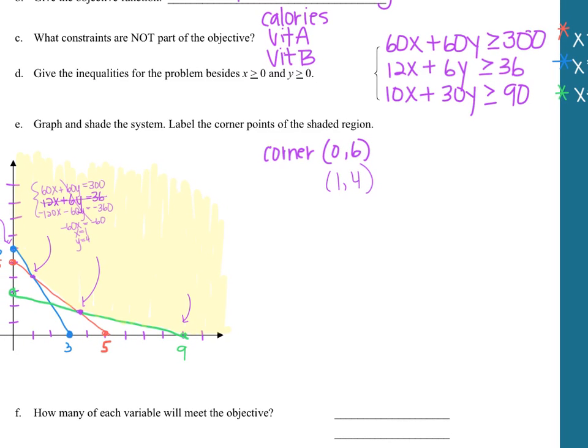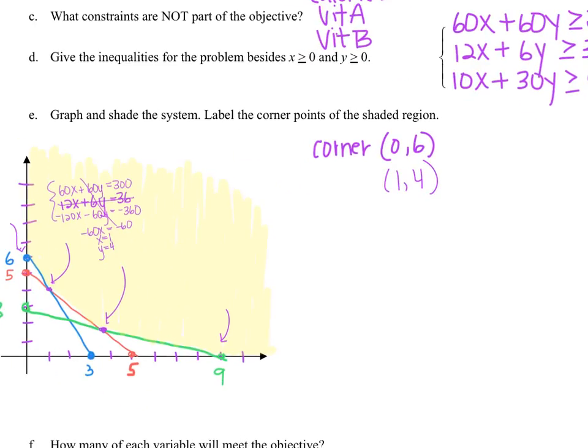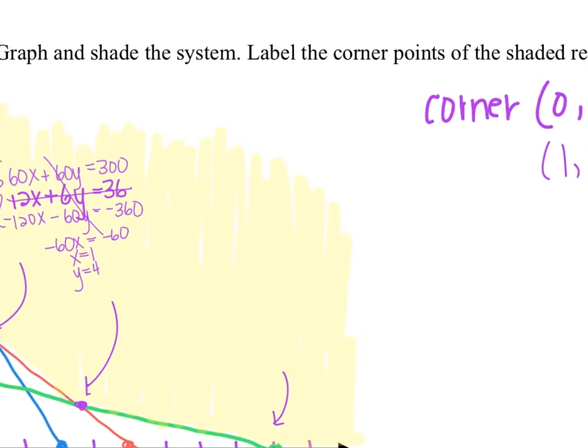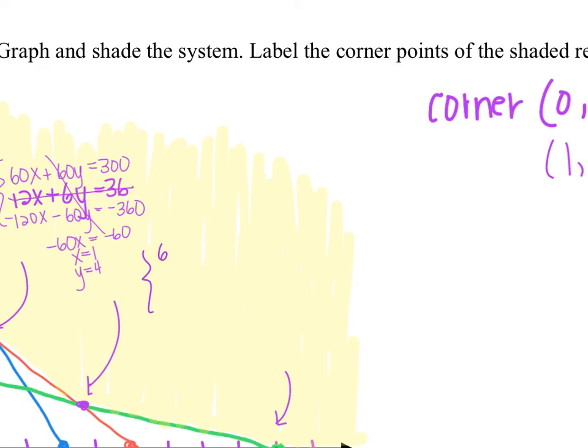Let's find the corner intersecting the red line with the green line. So red is, again, 60x plus 60y equals 300.